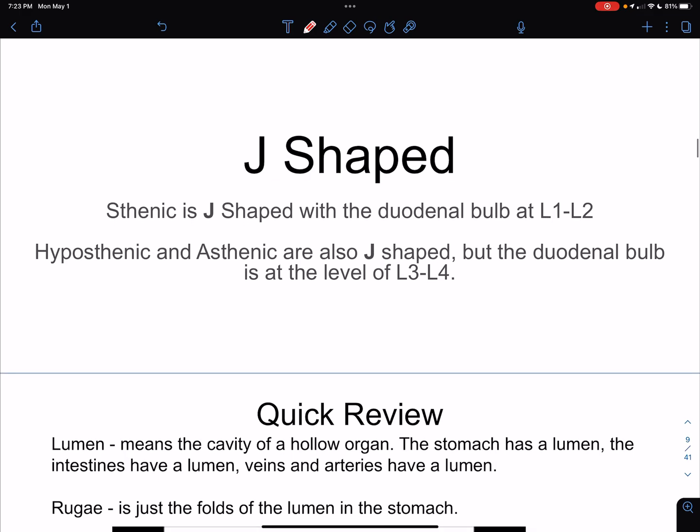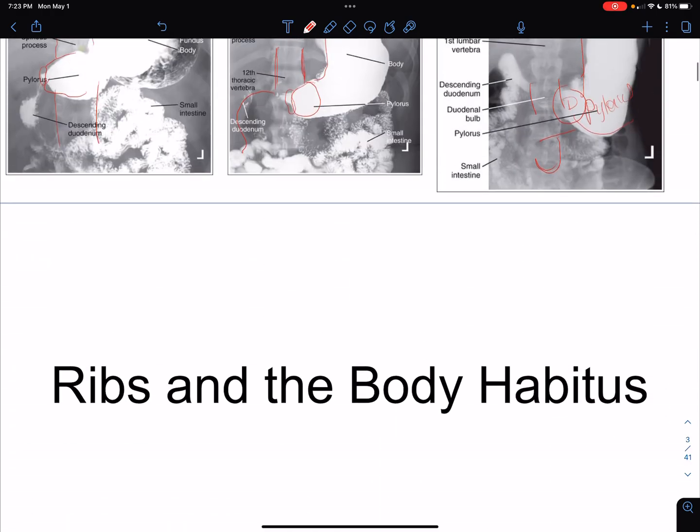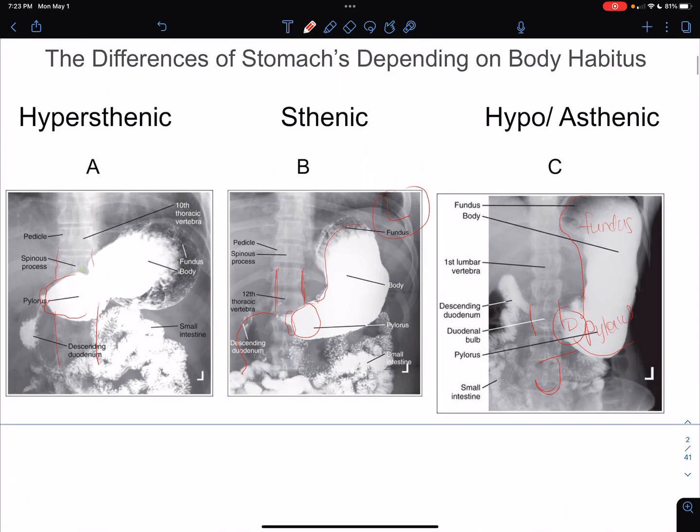So on the J-shaped stomach, why did I say the sthenic is J-shaped with the duodenal? The sthenic is J-shaped, but anyways, the duodenal bulb is going to be at the level of L1 and L2. The hyposthenic and asthenic are also J-shaped, and I guess that makes sense. If we look up here at our sthenic, it's still a J, but not really.